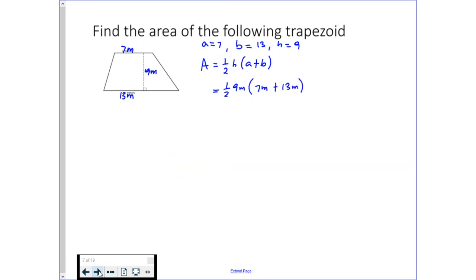So half of 9 times this would be 20. Half of 20 is 10. 10 times 9 would be... How much did you guys get? Just type your answer in the chat. Yeah, 90 meters squared. So half of 20 is 10, 10 times 9 is 90. That's the area.